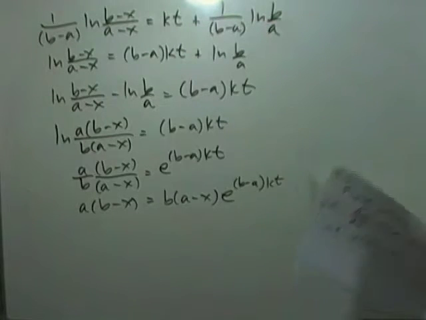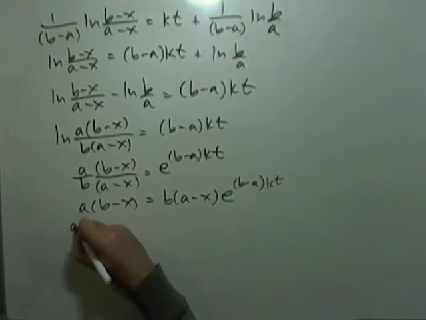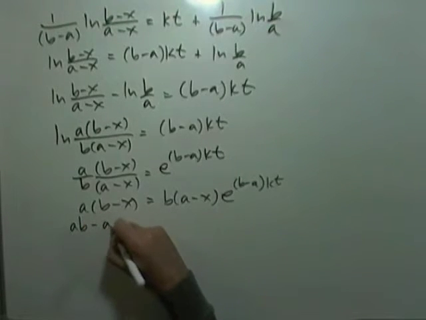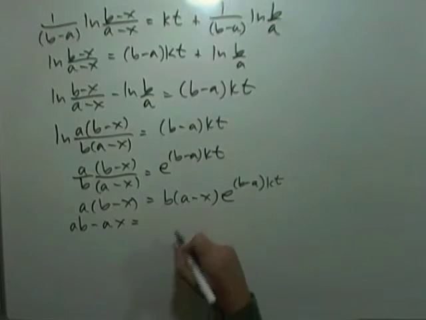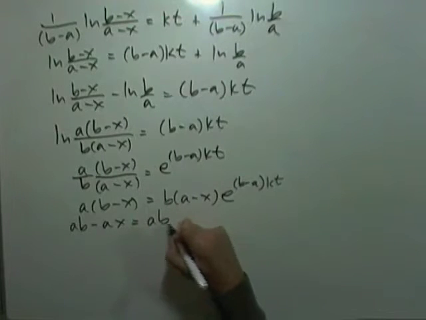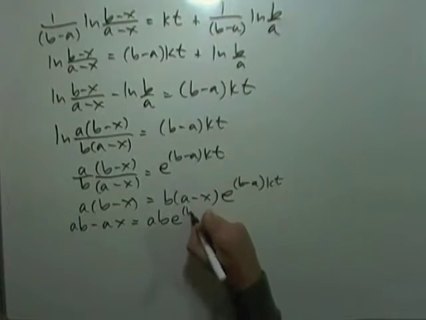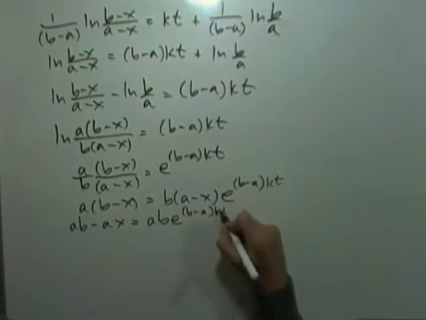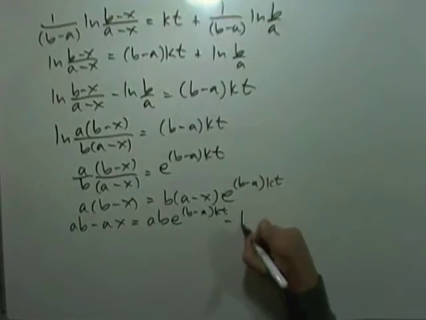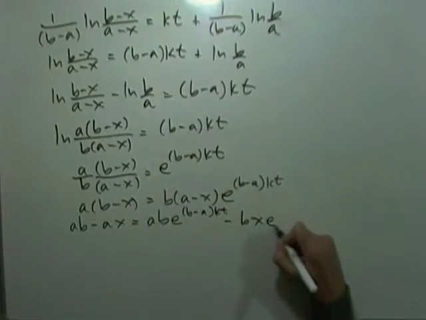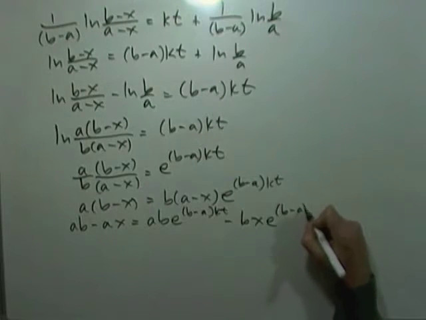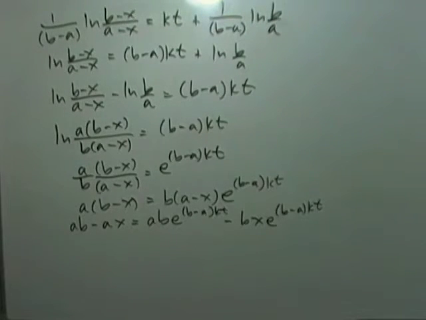Now I want to get the x's together to get the answer. So I'll need to multiply this lot out. I've got ab minus ax equals, just put that around, abe to the b minus a kt minus bxe to the b minus a kt. Bring the x's together, bringing this over to this side.